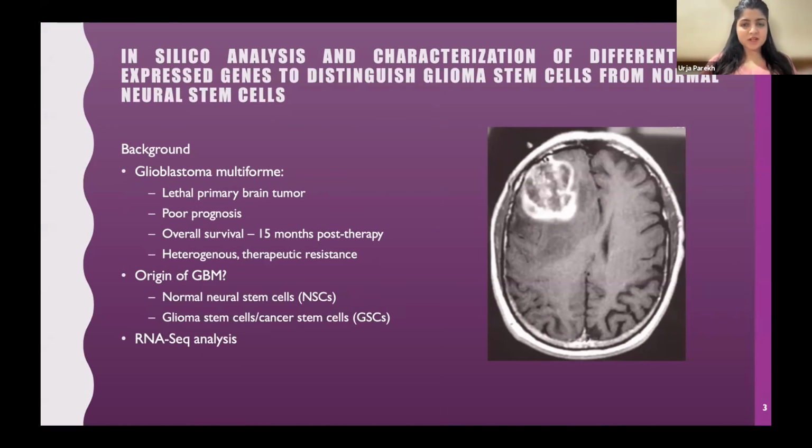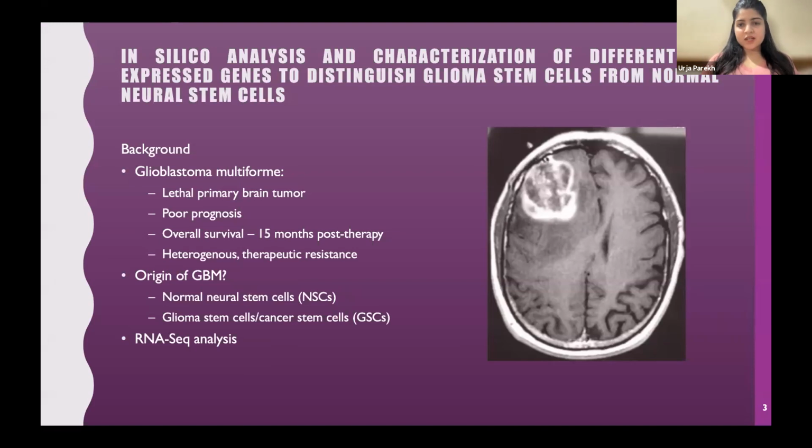This brain cancer is so aggressive because of its heterogeneity, and there are different types of tumors with different expression profiles. We also currently do not know where this cancer originates, whether from normal neural stem cells via transformation to the cancerous phenotype, or directly from the glioma stem cells.